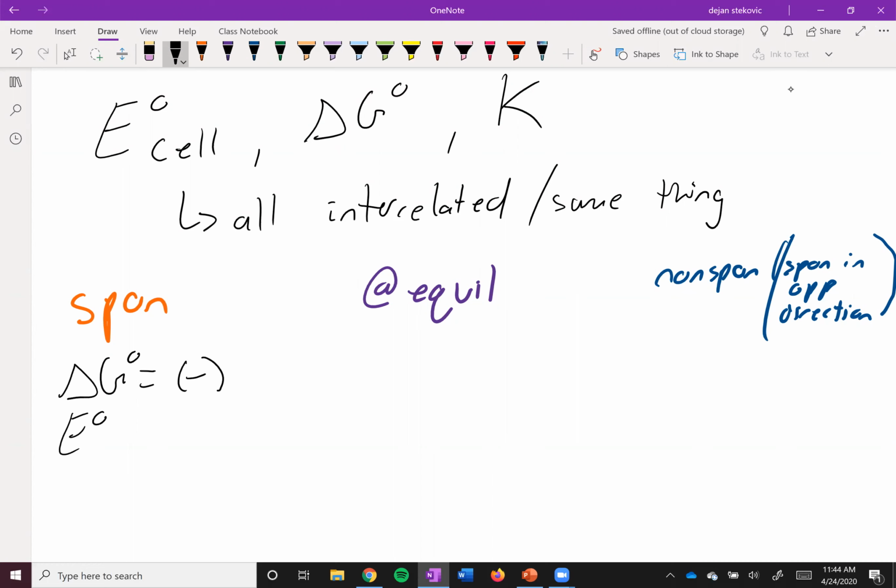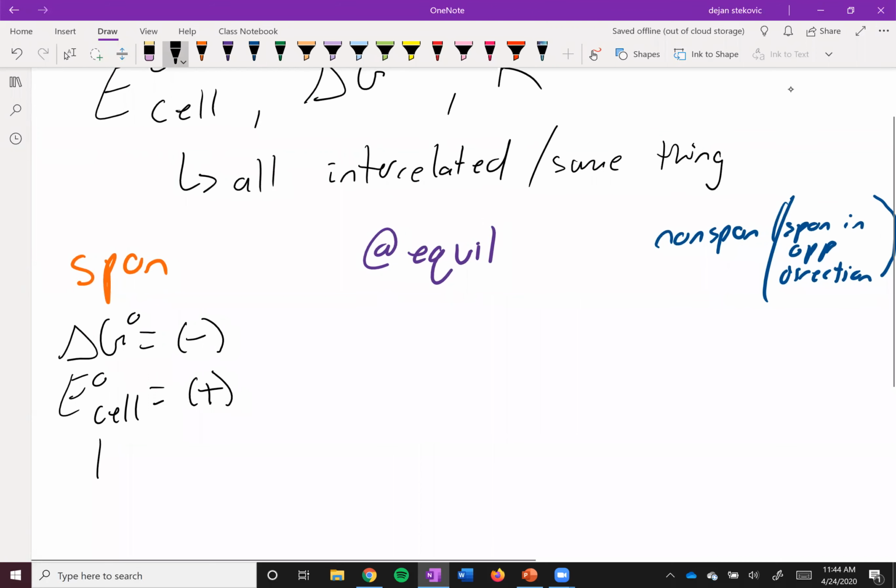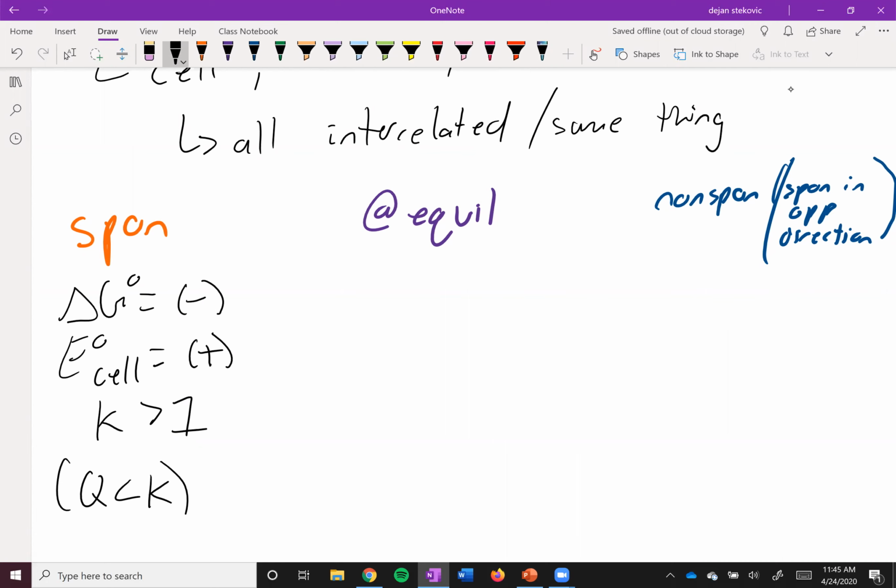E cell in a spontaneous reaction is a positive number. And in standard states, K has to be greater than 1 for a spontaneous reaction, or Q is less than K. And so Q is going to grow and become K.